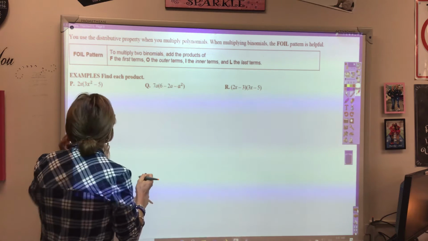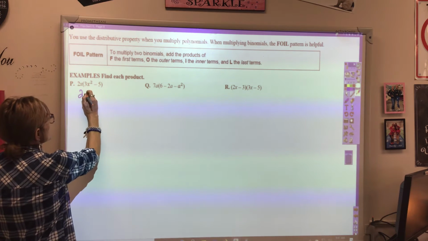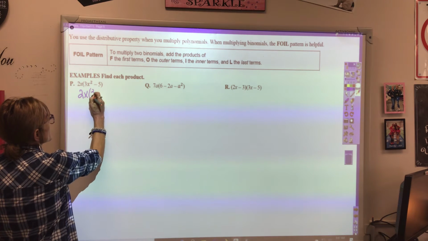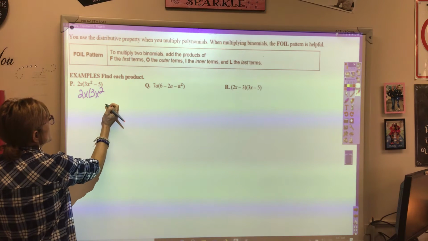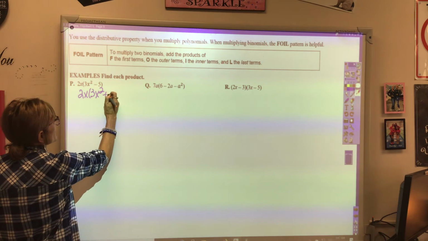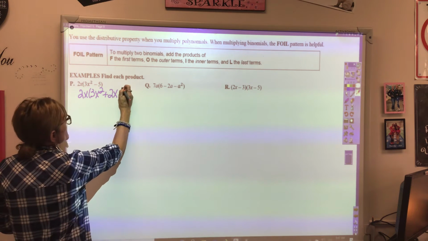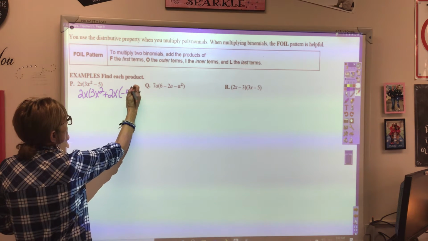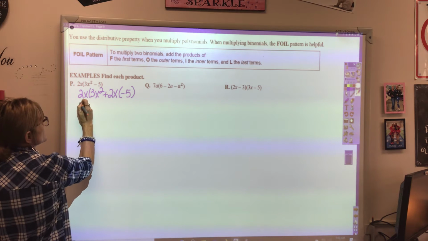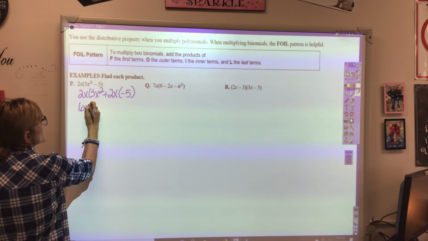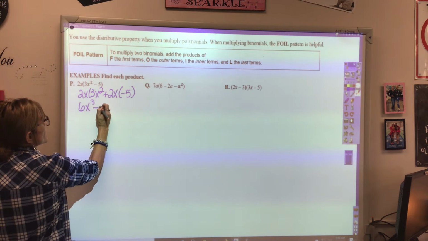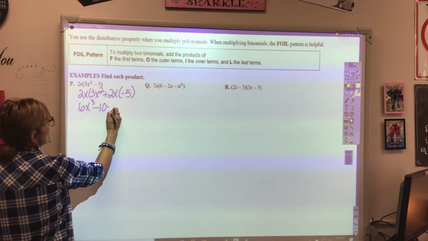Okay, so the first two are just using the distributive property. We're going to take 2x, multiply it by 3x squared, and we're going to also take the 2x, I put plus because it's a positive 2x, times a negative 5. So that would give us 6x to the third minus 10x.